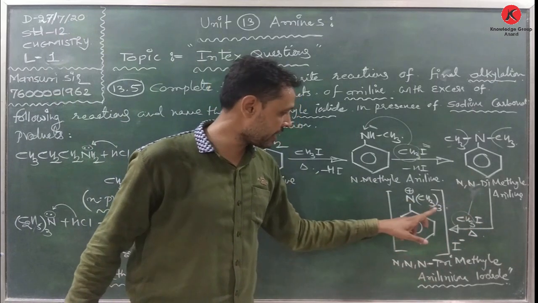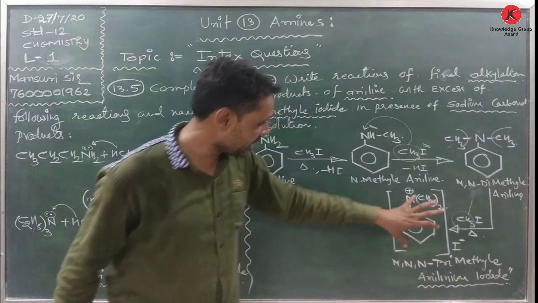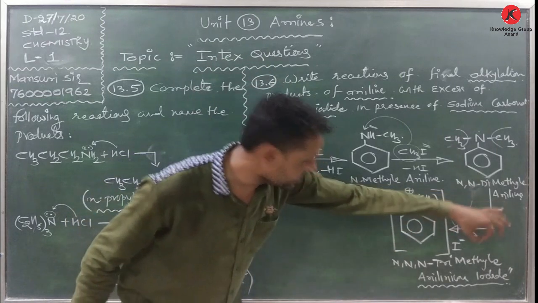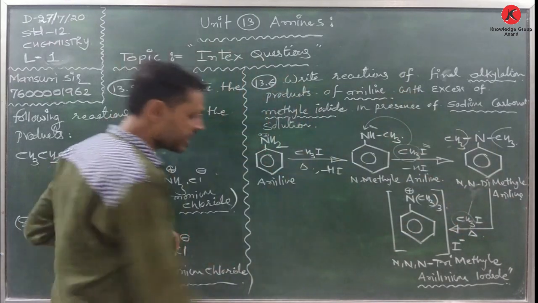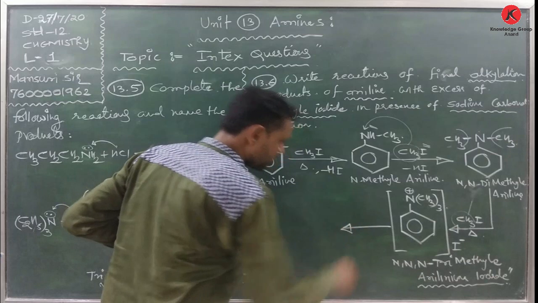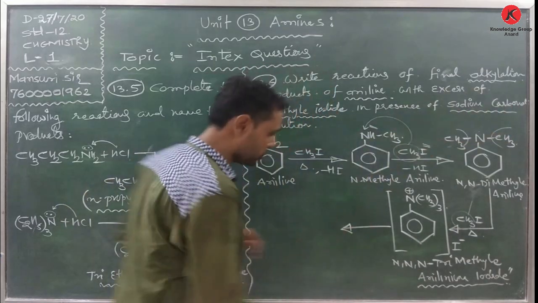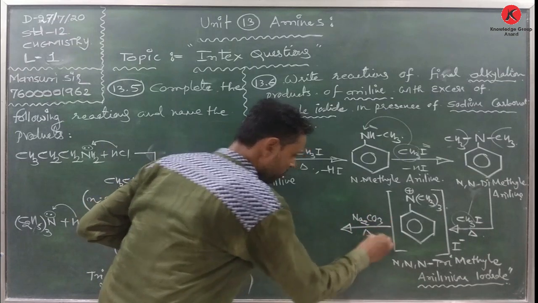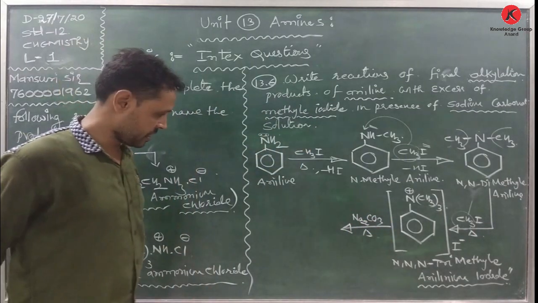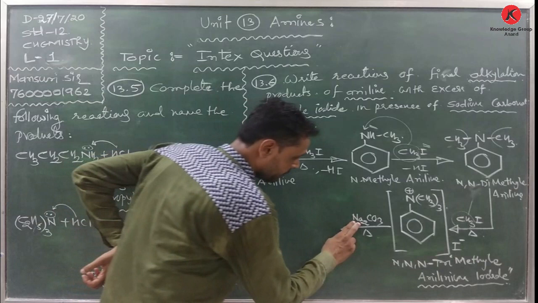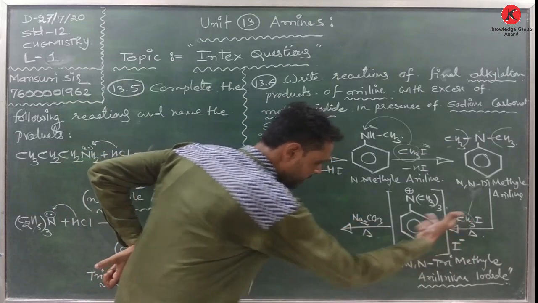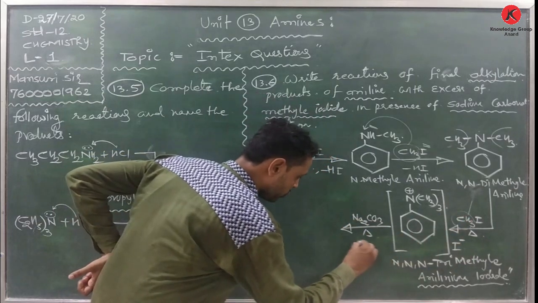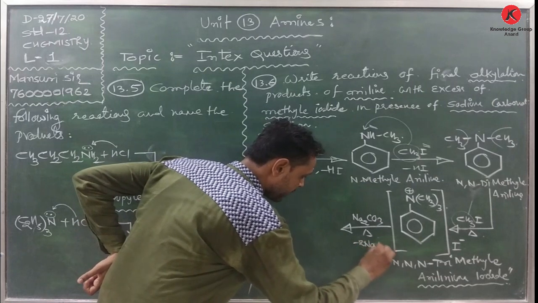Then N,N,N-trimethyl anilinium iodide salt is obtained, and thereafter if you are also using sodium carbonate, Na2CO3, then what will form? Then sodium combines with iodine and forms 2 moles of NaI.